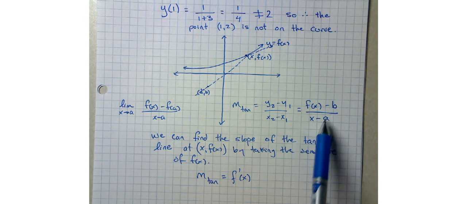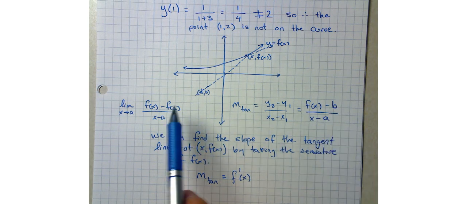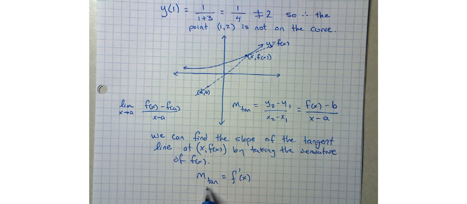So a, b, or you can replace b with f of a. So basically I have m tan, which is the derivative, set equal to the derivative. This is going to help me in solving this equation because I can set two equations equal to each other and then make it equal to 0 and solve for x. Without this second equation, I can't do that.